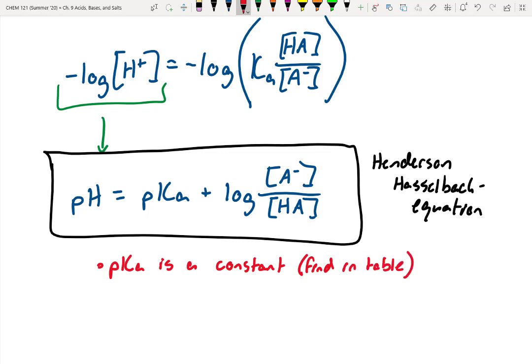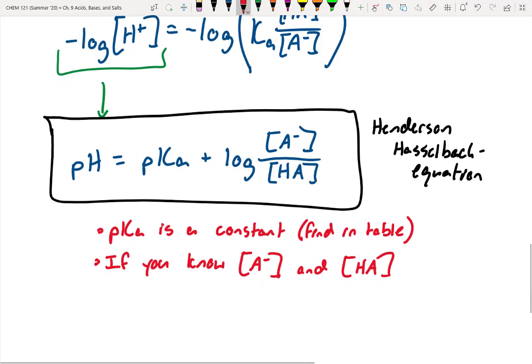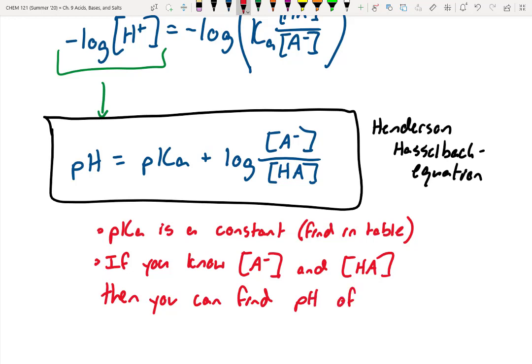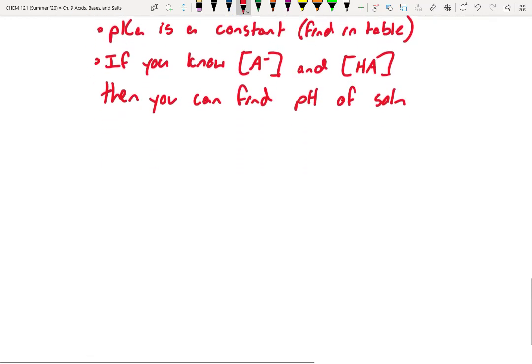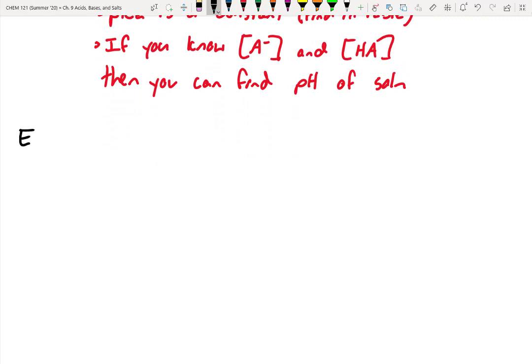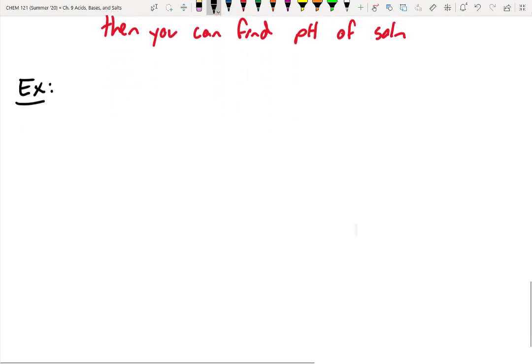And that means if you know the concentration of A minus and the concentration of HA, your starting acid, then you can find the pH of your solution. So let's take an example situation and try to use the Henderson-Hasselbalch equation. And don't worry, I'll give it to you on an exam if you need it.